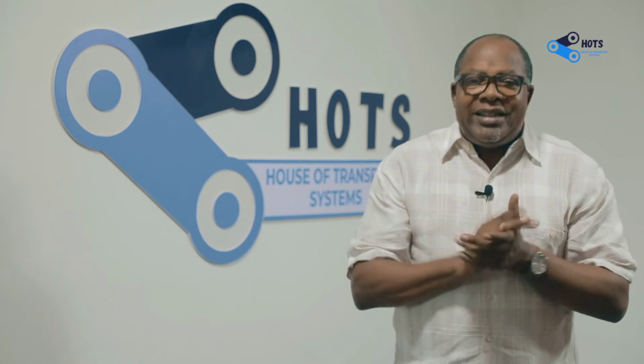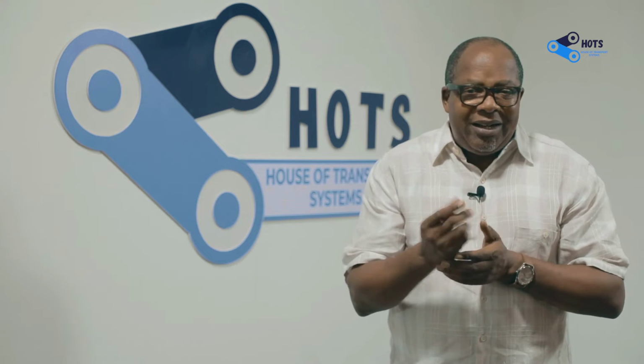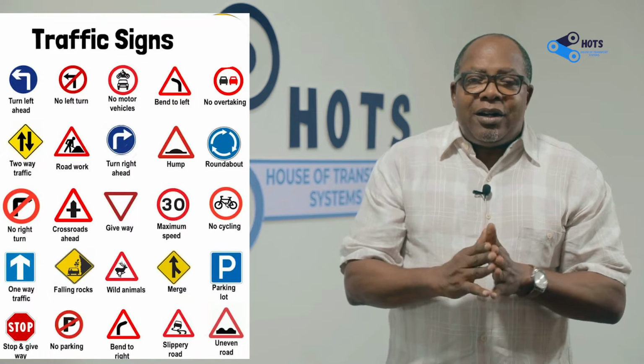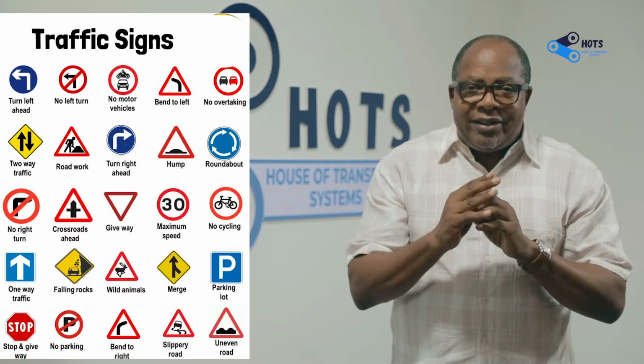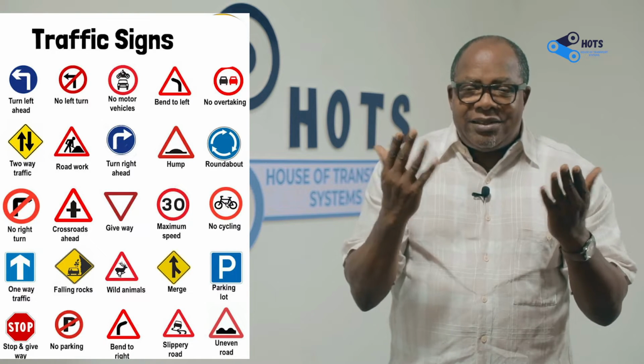And a road user in this category does not mean a motorist only. Even signs are there to talk to pedestrians. So any category of road user must understand all the traffic signs for them to understand how the road is used. Now, what are these signs? These are symbols or words written or designed or drawn on a plate that is placed on poles vertically for you to see.